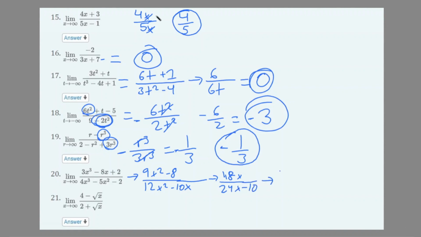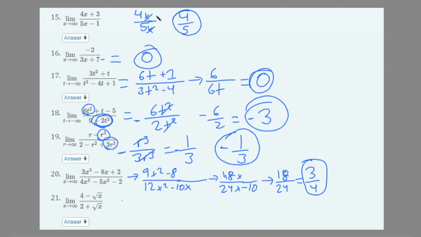And now if we derive it one more time, we'll get 18 over 24, which, if you simplify it, would just give you 3 over 4. So 3 over 4 would be the y value that this function would reach as x goes to infinity. What we did was derive both the numerator and denominator till we got a constant number, which would be the y value that the equation would go towards.